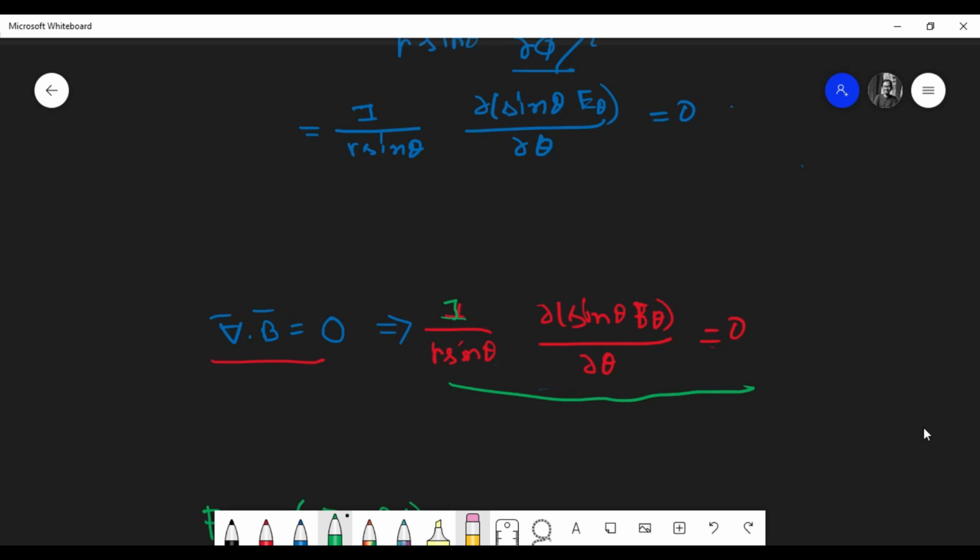Now, if you go back into the video, into part A, you'll find that we have some similar equations from Faraday and Ampere-Maxwell's law, which are for the E phi, and I'm going to write the equation for B phi here.